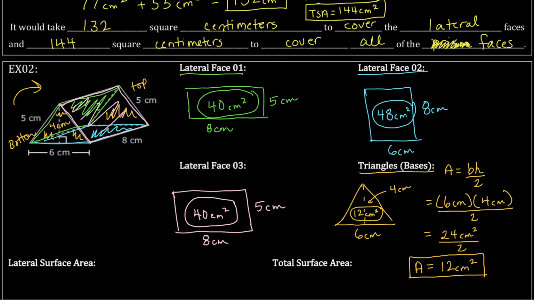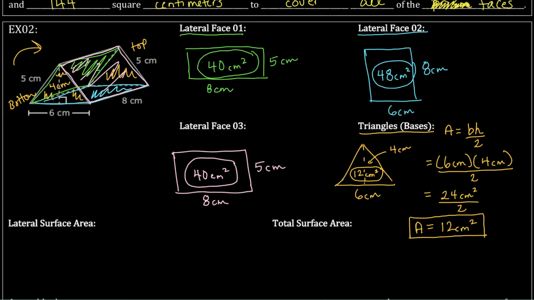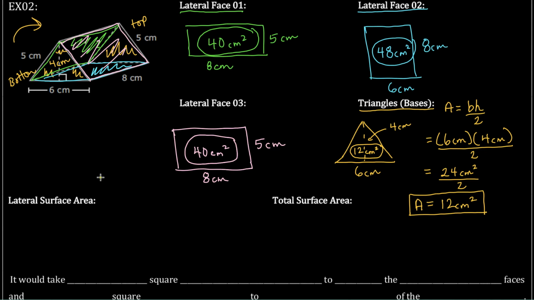All right, so let's calculate the lateral surface area. Remember, that's everything except for the top and the bottom, or all the areas except for the top and the bottom. So 40 square centimeters, and 48 square centimeters, and 40 square centimeters again.